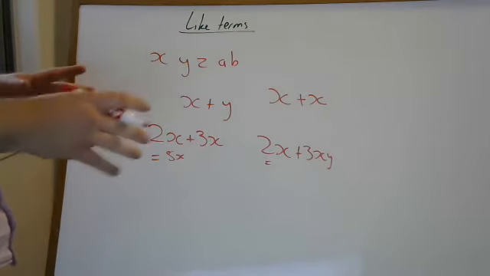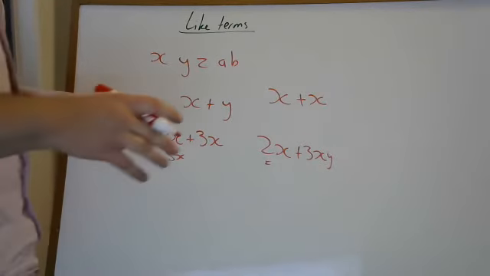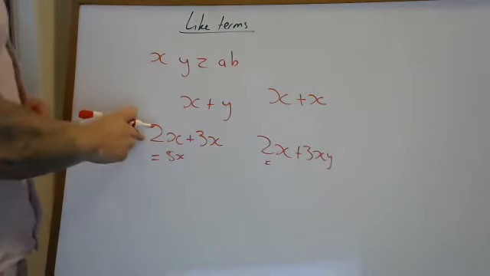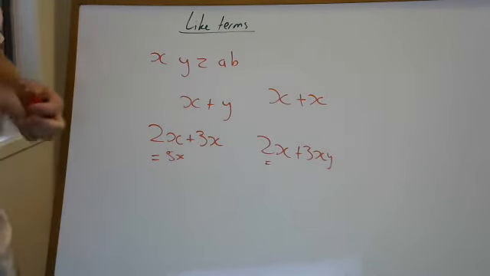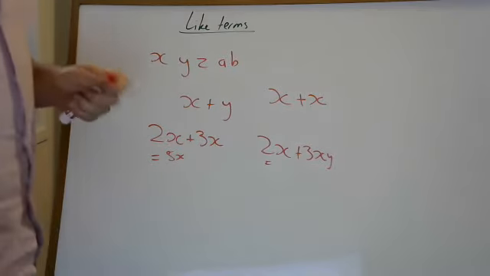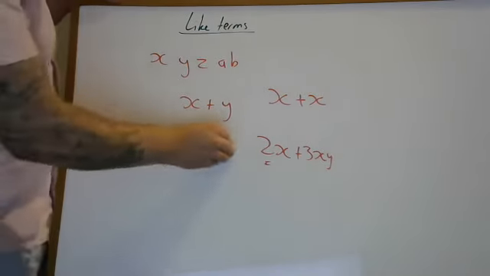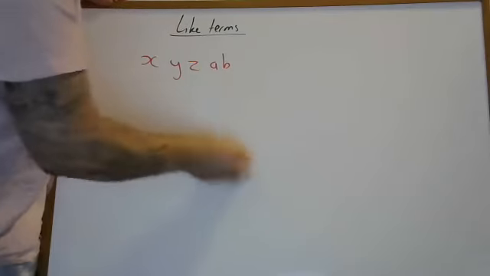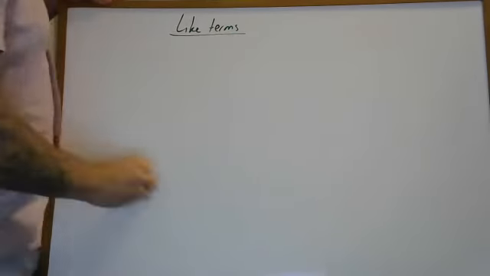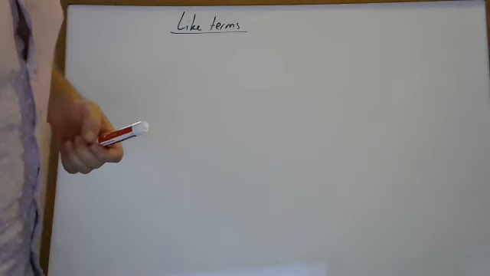So when we're talking about like terms, the number can be different, but the pronumeral or the letter has to be the same. Now, it does change a little bit when you're looking at multiplication. So it doesn't really matter if it's like terms or not with multiplication.